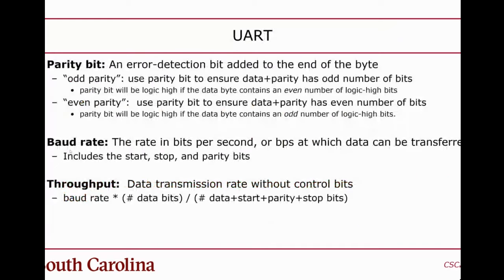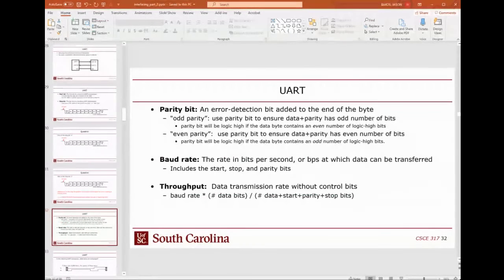Then there is optionally a parity bit that happens after the word is sent and before the stop bit, and that could be even parity or odd parity. It's an error detecting mechanism. If you have odd parity, it means that the transmitter will ensure that the number of 1 bits sent in the data and in the parity together should be odd.